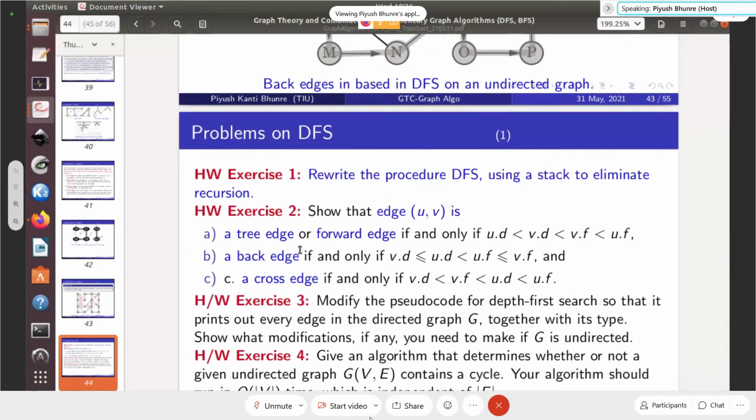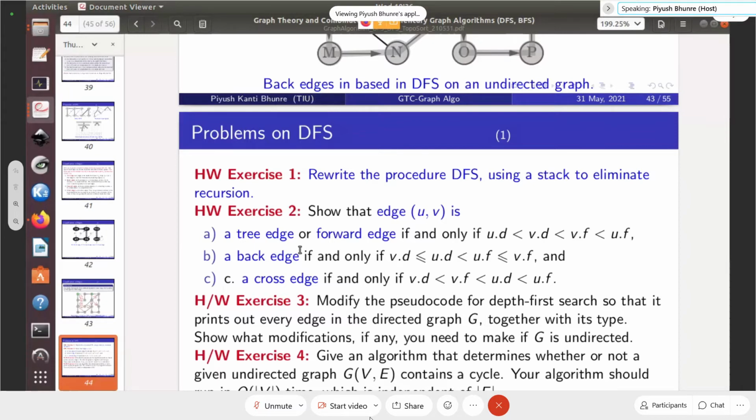Okay, the next exercise is about an edge u comma v. Here we want to classify the edges based on their start time and finish time after we perform the DFS. Suppose DFS is done, and now you want to classify the edges according to the definitions we have given for tree edge, back edge and cross edges.